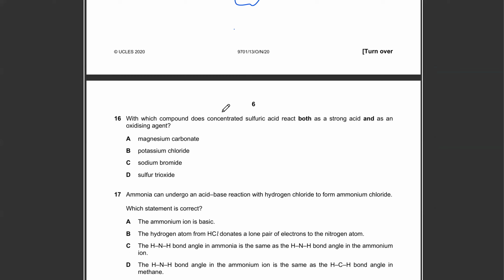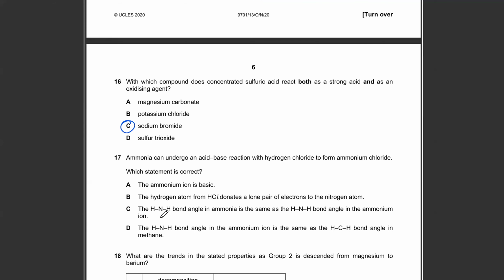With which compound does concentrated sulfuric acid react both as a strong acid and as an oxidizing agent? Is it C because of the bromide? Yeah, you get redox in group 17 for this one. Ammonia can undergo an acid-base reaction with HCl to form ammonium chloride, which statement is correct?